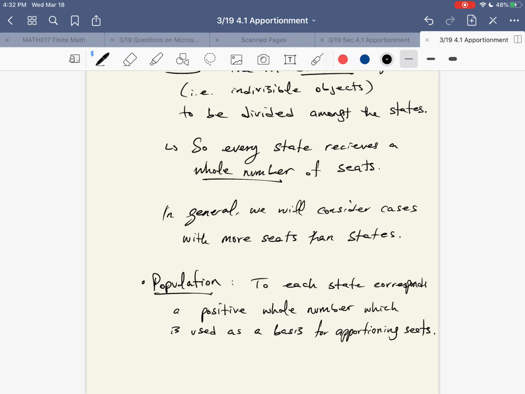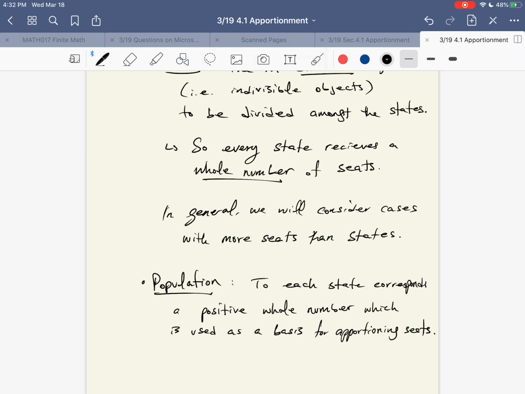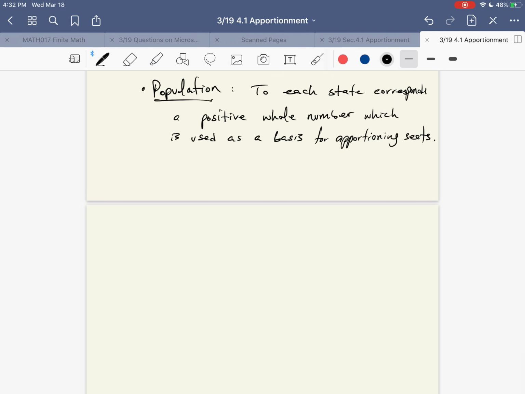Okay. We'll talk about population in two senses. The total population being the population of the country, and the population of each state. We'll use a capital P to represent the population of the whole country, and we'll use a lowercase p to represent the population of each state.